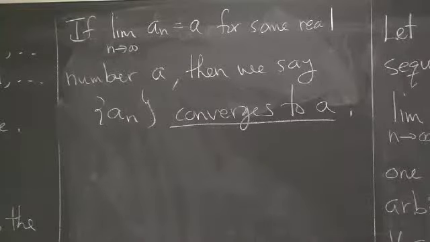I might tell you I have a sequence and it converges, but I don't tell you what it converges to. In fact, I might ask you, what does it converge to?